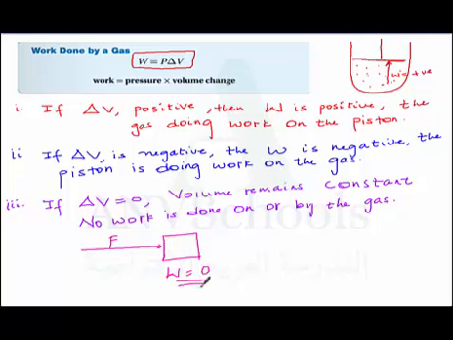Even if we apply a force on a given object, if the object doesn't move, no work is done by the force. In the same way, if we don't have any change in volume, no work is done on or by the gas.